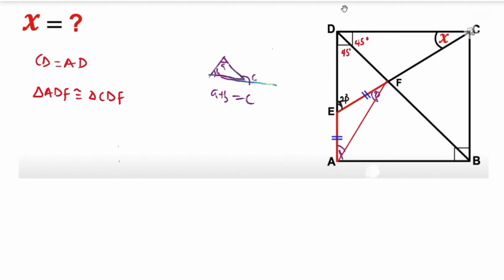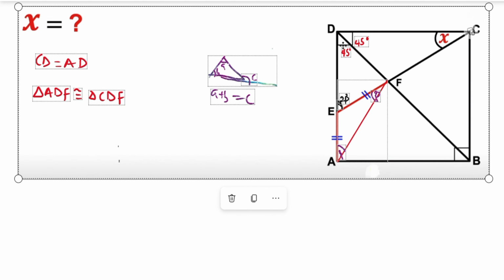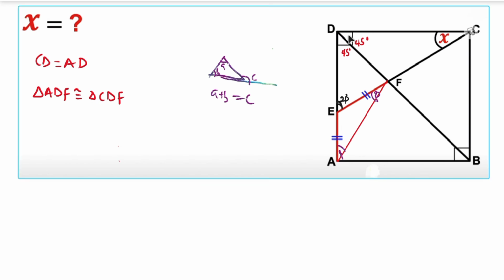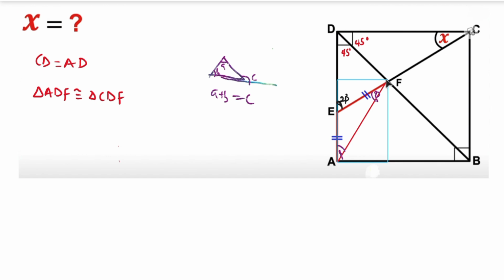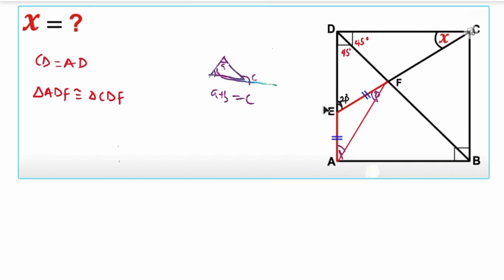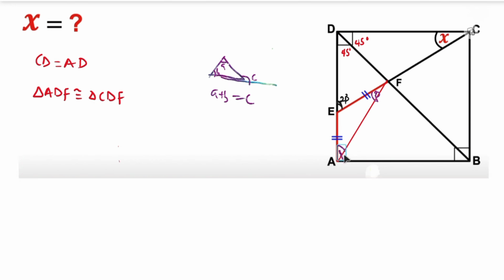Because this forms a new triangle, if you look at ADF, it is congruent to CDF. What we can gain from there is that this angle X is the same thing as angle beta, since they are congruent.